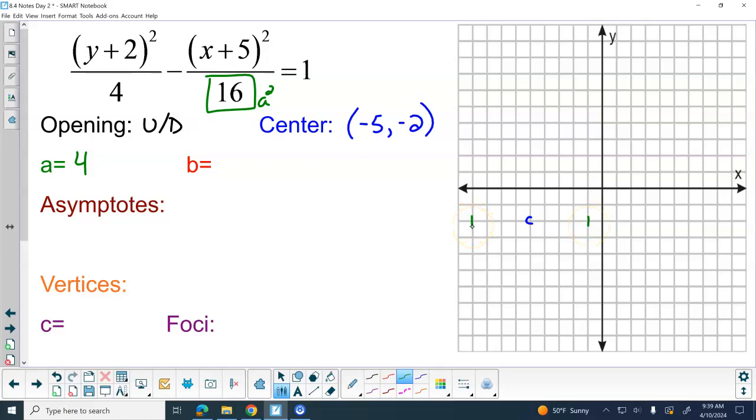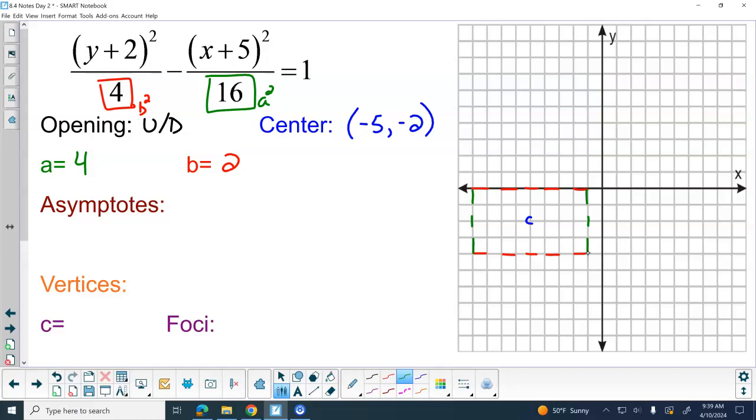What is my B value? 2, because B squared is underneath Y. So there is the box that we have built.